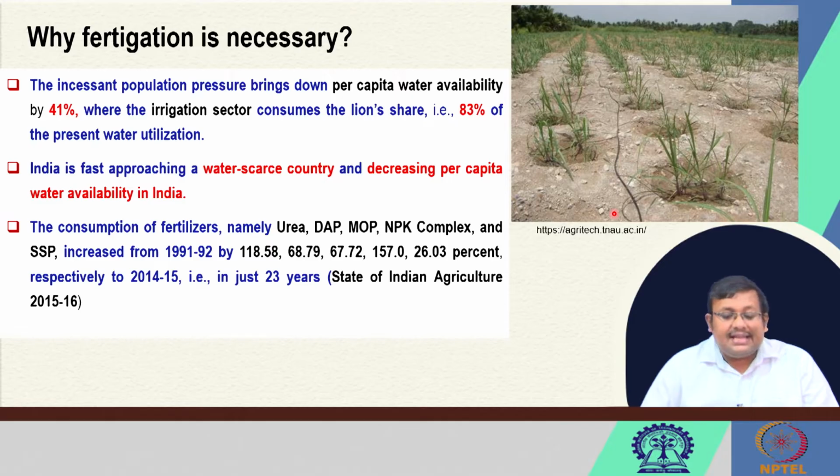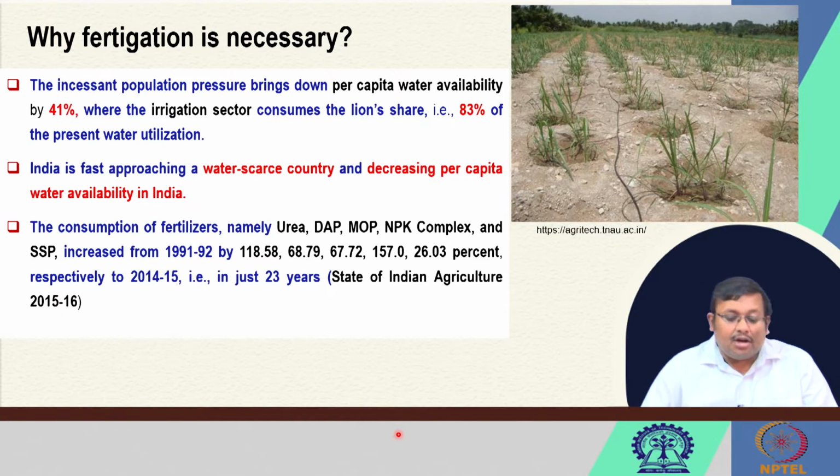So, you can see that although a high percentage of the present water utilization is accounted for by the irrigation sector, the per capita water availability is continuously decreasing. India is fast approaching a water scarce condition.